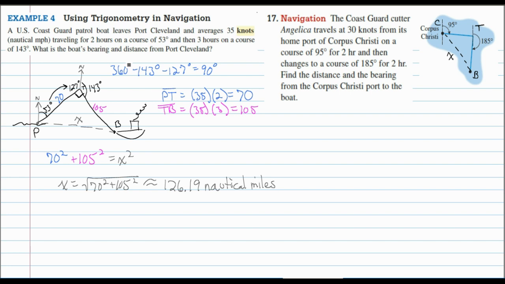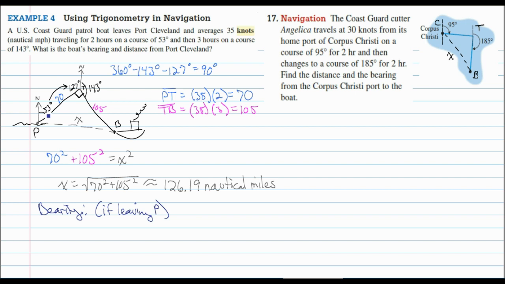Now, the instructions also ask us for the bearing from Port Cleveland. The bearing from Port Cleveland is like if that boat just headed to the spot it is at now, what angle would that be?